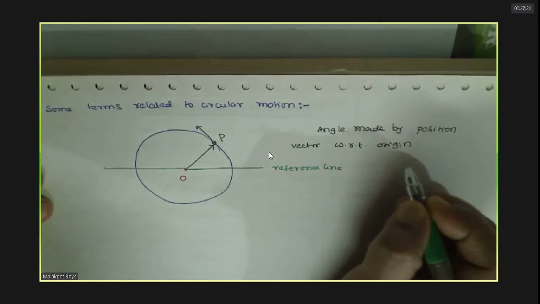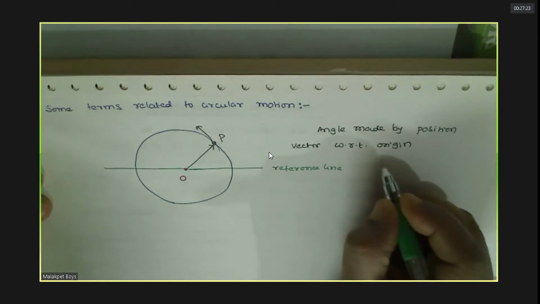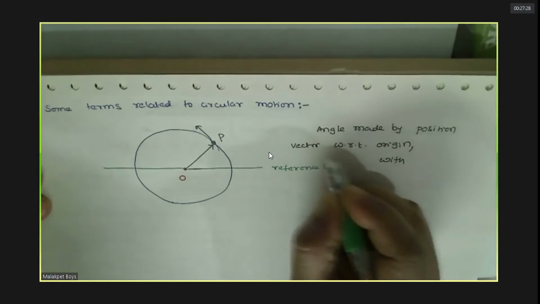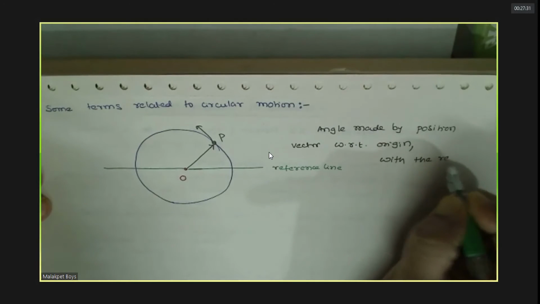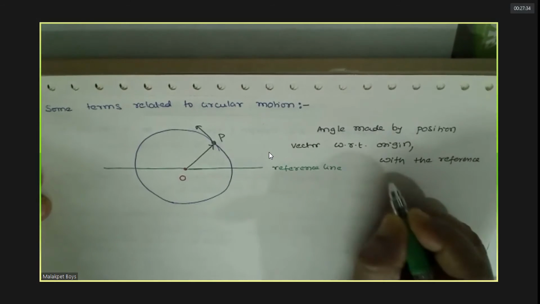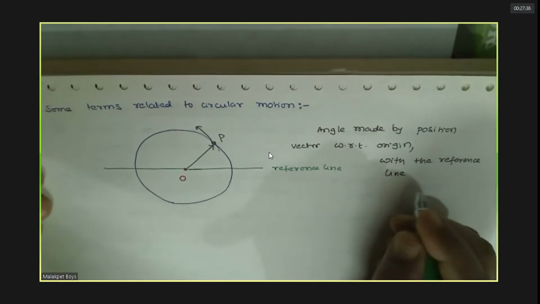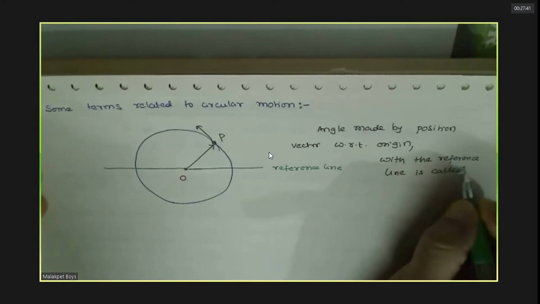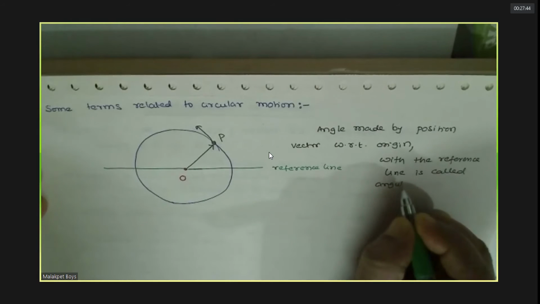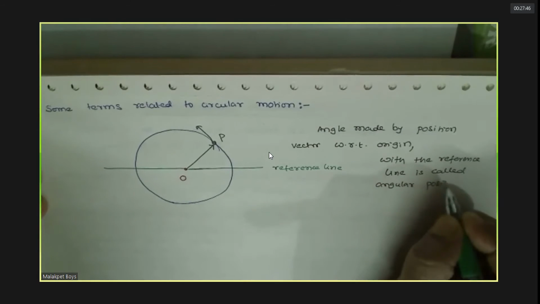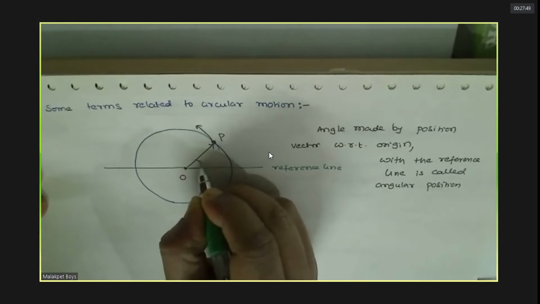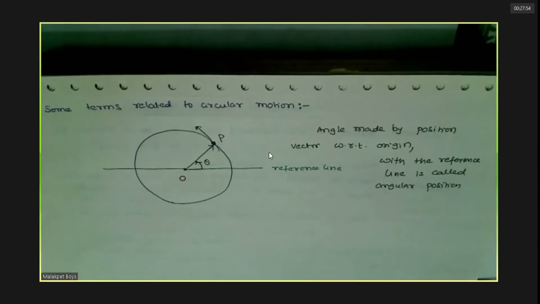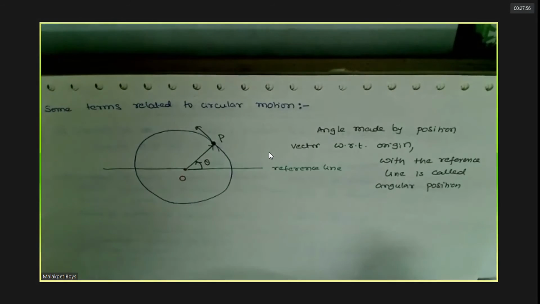With respect to origin, with the reference line, is called angular position. Means this is the angular position. Understood this? Clear enough? Follow this? Yes, sir.